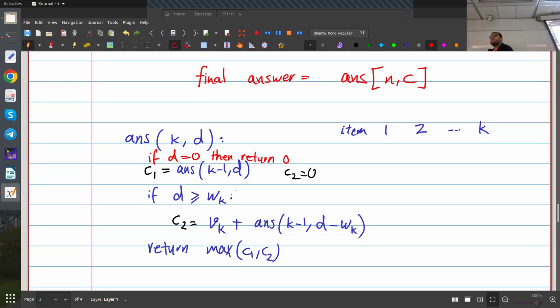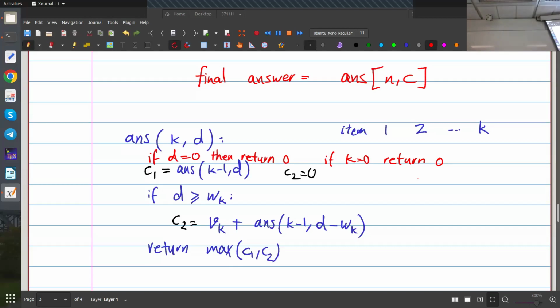And the other base case is that if I have no items, if K is 0, I also return 0 because there is nothing to steal, right? So now I have this recursive function. Now I have the exact same problem that I had for calculating Fibonacci numbers.